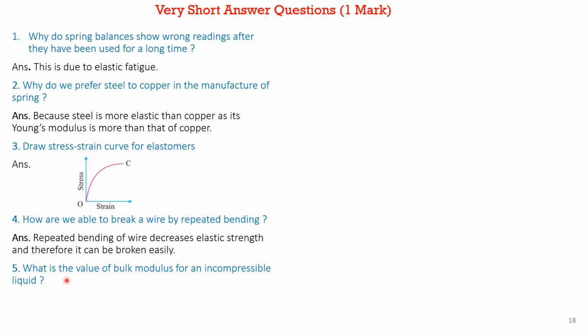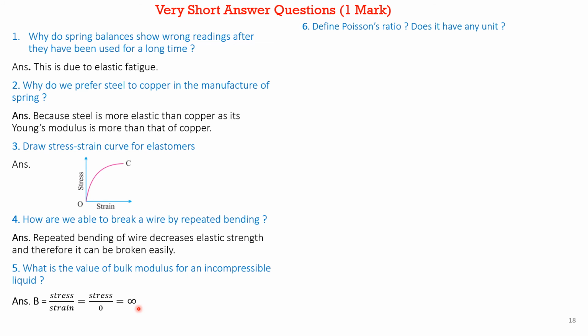Question number 5. What is the value of bulk modulus of an incompressible liquid? Bulk modulus is given by the relation stress by strain. K is equal to stress by strain. For an incompressible liquid, strain is 0. Therefore, the denominator is 0 and the value of bulk modulus K equals infinity.